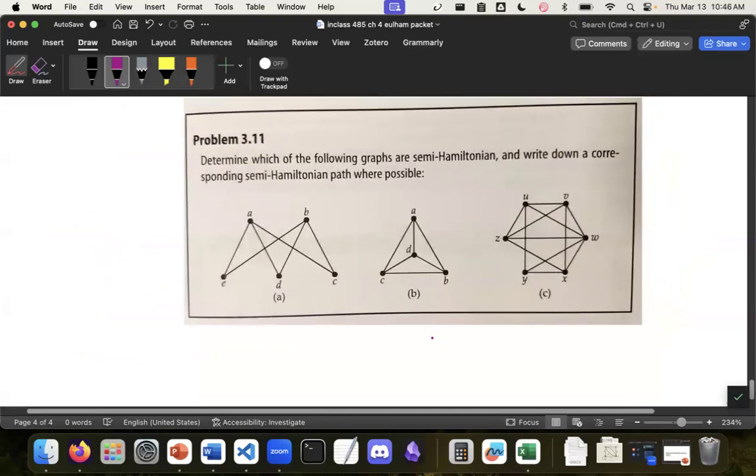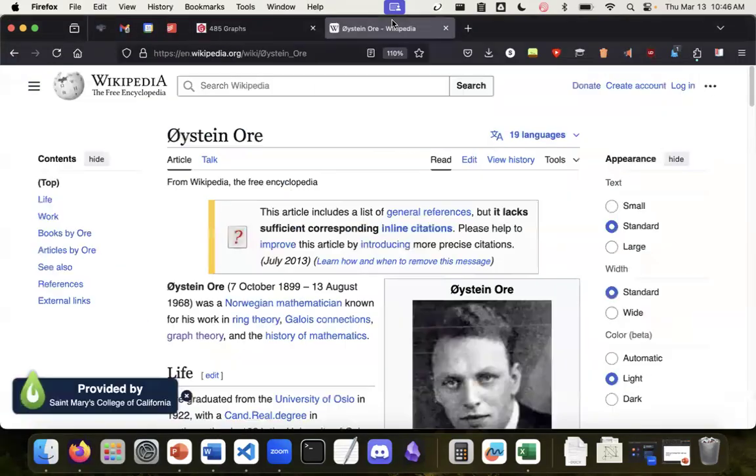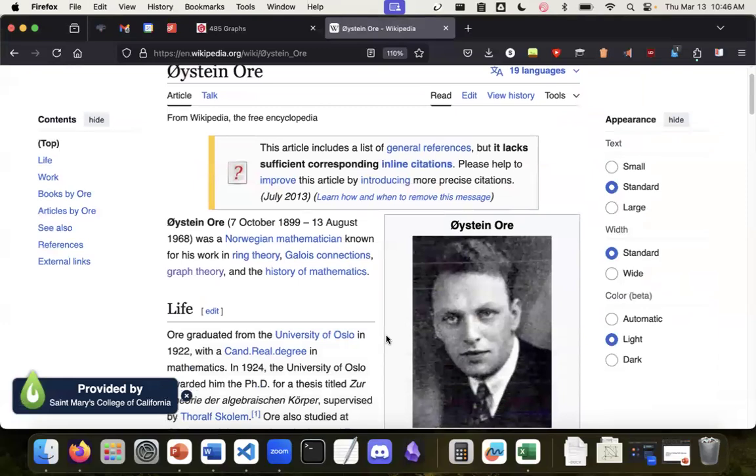Let's look at problem 11. So I skipped problem 10. That was a theorem about a simple connected graph, and it looks at the degrees. If you're interested in that, I would refer you to the book. I will note that I pulled up the Wikipedia page of the guy who wrote that theorem earlier.